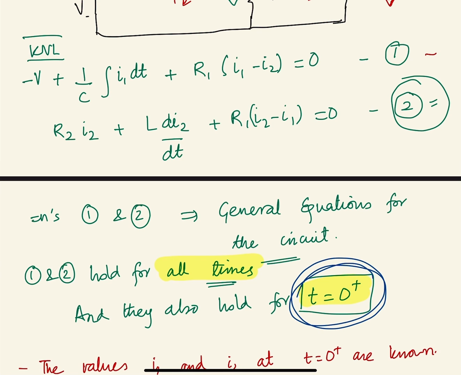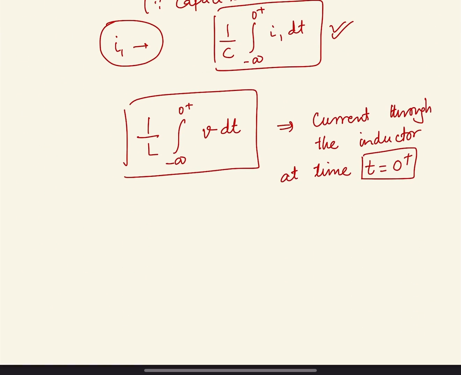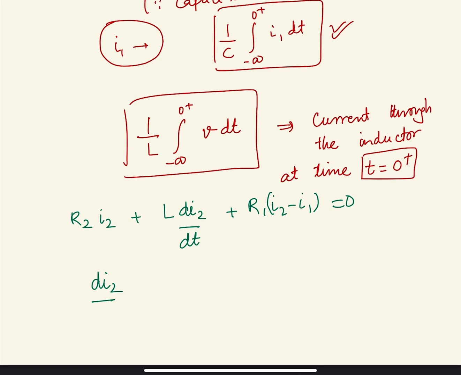We rearrange the variables, and if I take this equation and paste it here and rearrange these variables, I will be able to derive this expression, di2 by dt, which is 1 by L times R1 I1 minus R1 plus R2 times I2.